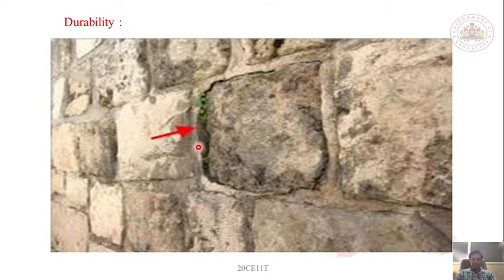What has happened here is this is the width of your plastering, or you can say bonding. This bonding has come out here, and the stone has fallen down piece by piece, that is, disintegrated. It has taken physical damage like wear and tear, and this is how that stone has deteriorated. That is durability. This stone is not durable.